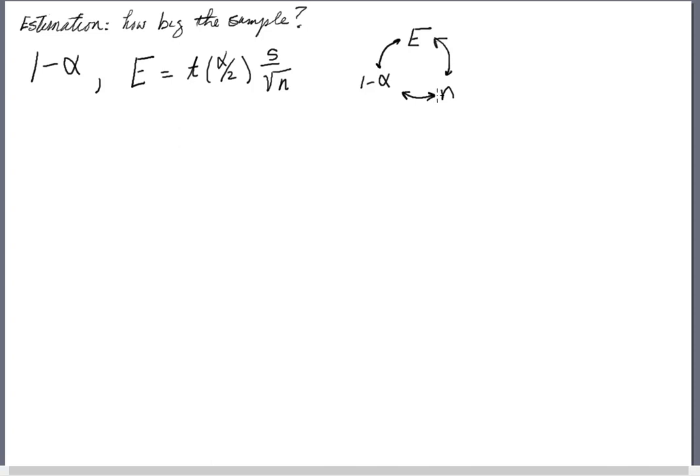In one sense, the bigger n the better, but in another sense, bigger n means taking our sample will take longer and be more costly. So if I could keep n small, make 1 minus alpha large, and E small, that would be simultaneously optimizing all three of these. I can't do it. I'll optimize two of them and pay for it with the third one.